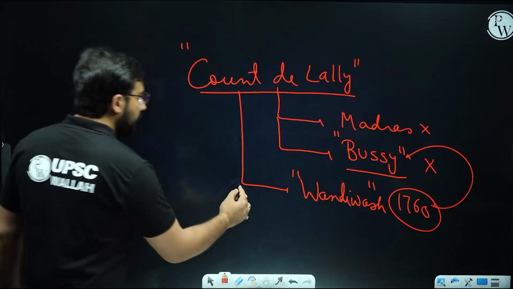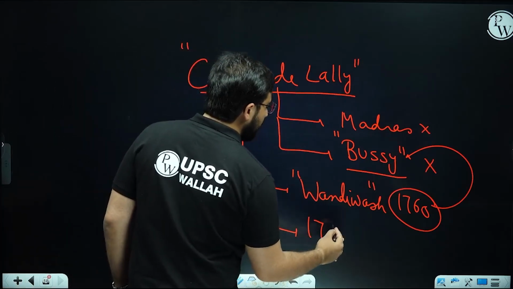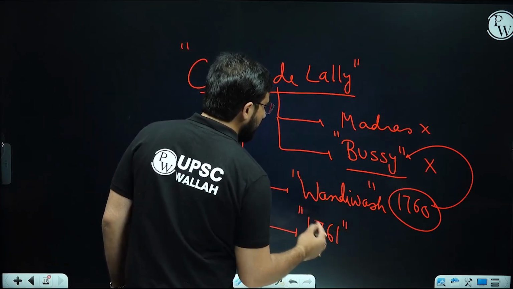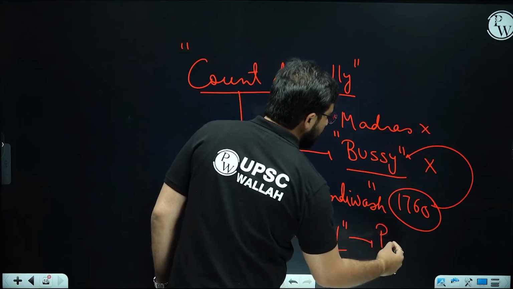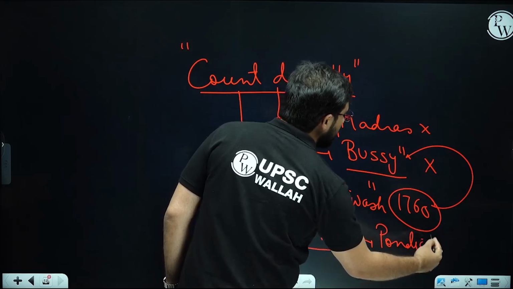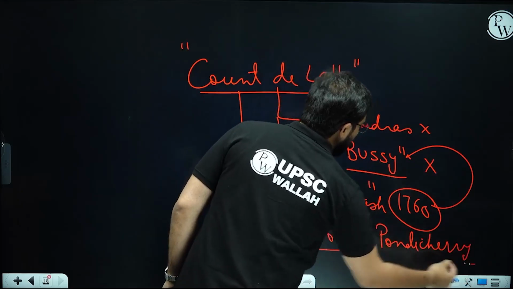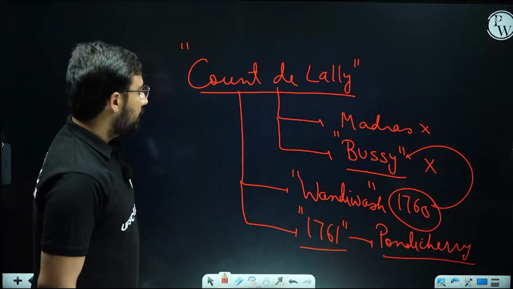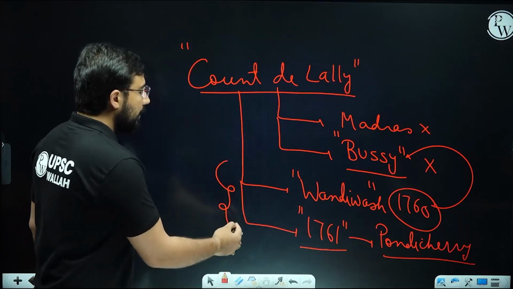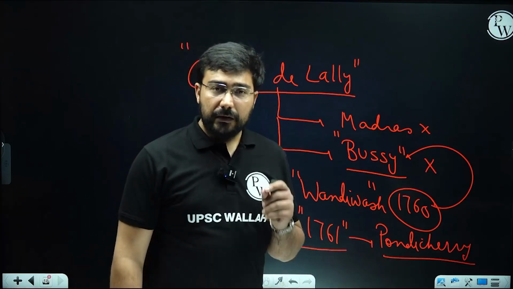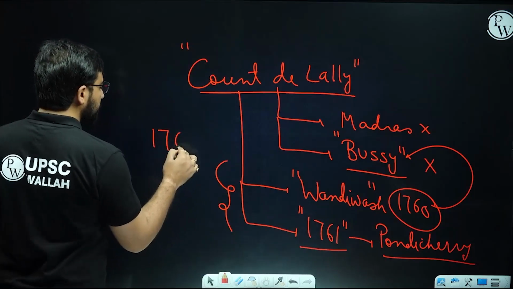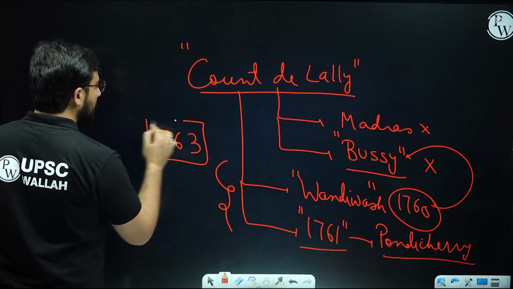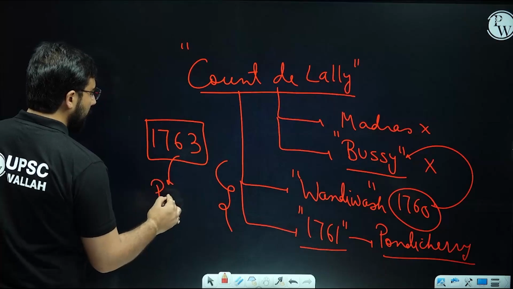After Wandiwash, the English were not going to give any respite to the French. In 1761, they were able to capture Pondicherry. Now, Pondicherry was the base of the French. So by 1761, their hopes of creating an empire in India were gone. The Seven Years' War was concluded in 1763 with the signing of the Treaty of Paris.